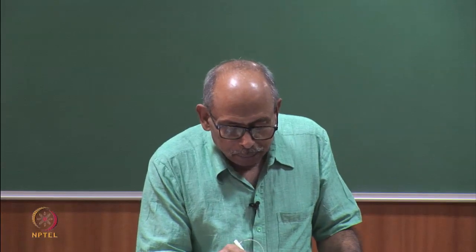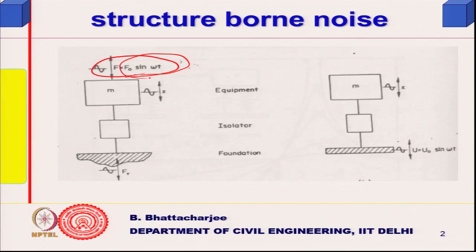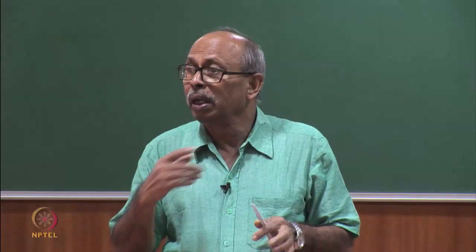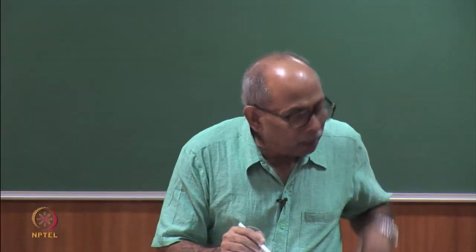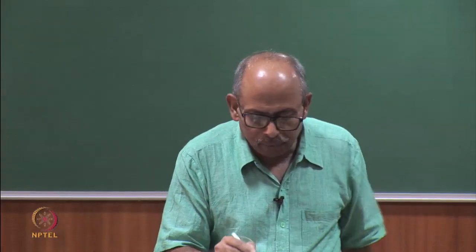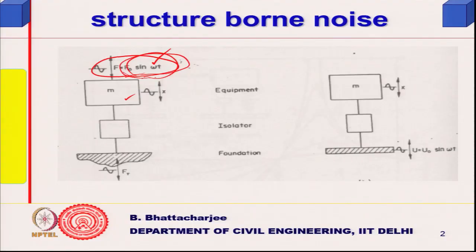So, the machine vibrates, and it is the force it imparts, the equipment imparting its own mass. So, this is actually vibrating. The forcing frequency is omega, let us say, and sin omega t, because most of the machines are periodic, reciprocating or cyclic. So, they will be imparting the noise with a certain frequency. That is the forcing frequency, and I can assume the force to be F0 sin omega t.